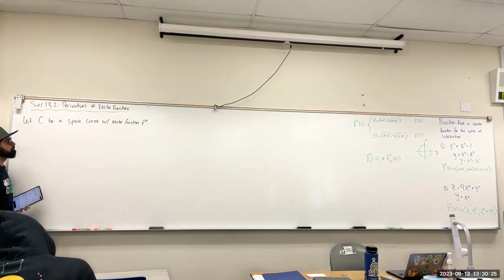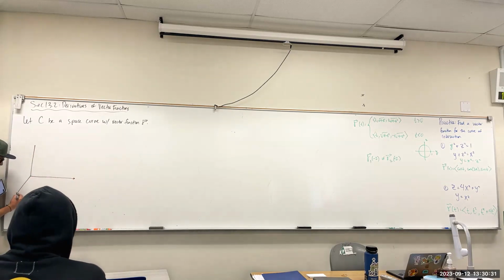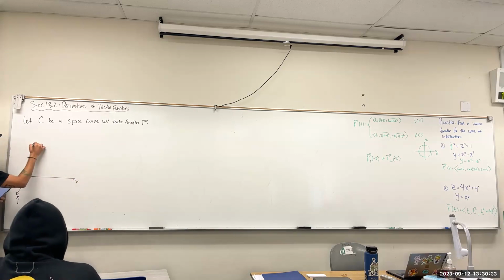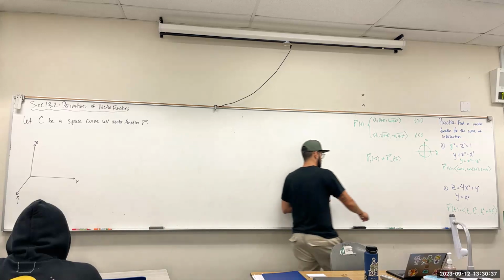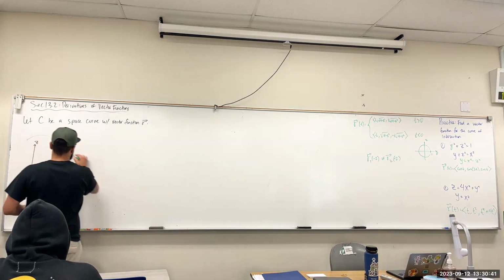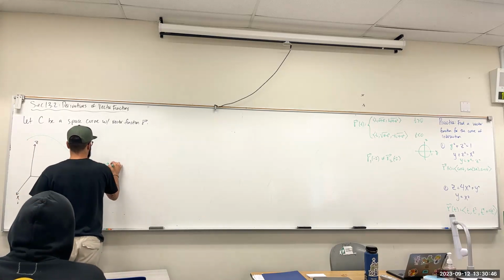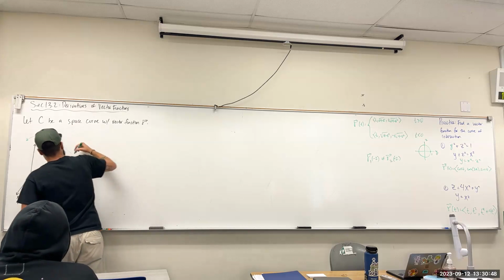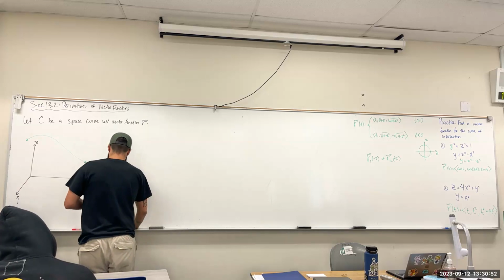Let's put some pictures here because you're going to want some visuals. x, y, z. Let's say this is your space curve, going through there, and the orientation is this way, so the points are moving this way.